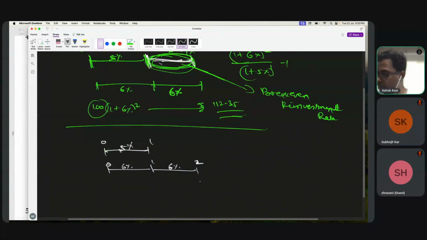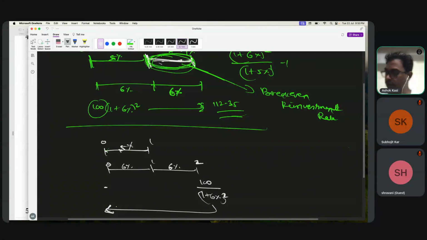So now, if this is 100 over here, what will be the present value here? 1 plus 6% raised to 2. Calculate the present value. 88.9996. Okay, so 88.99.